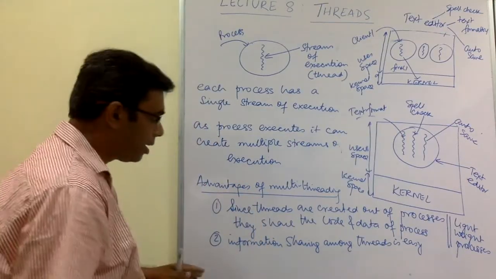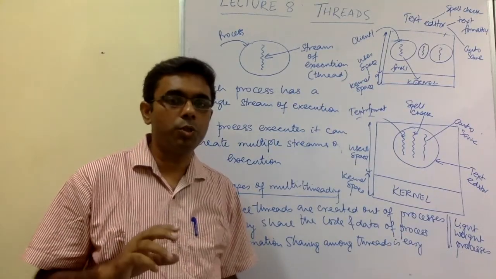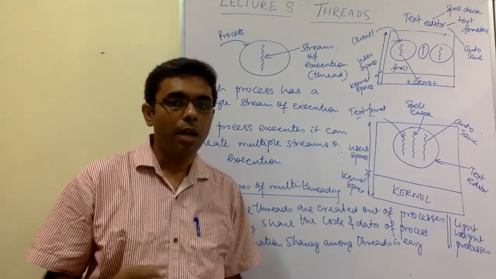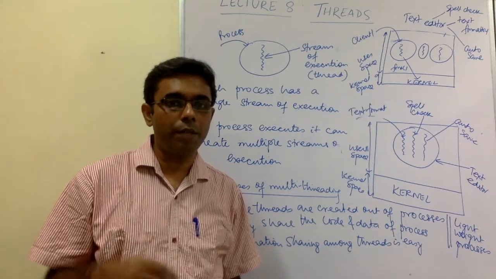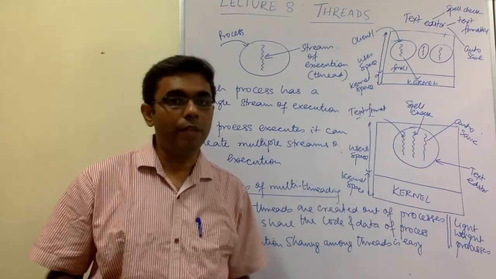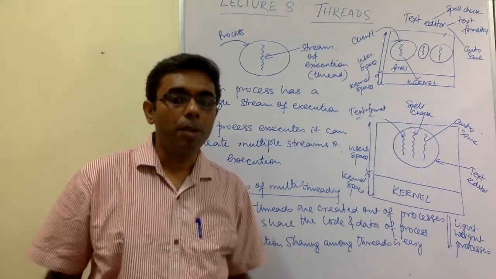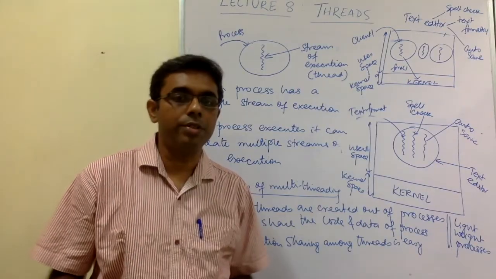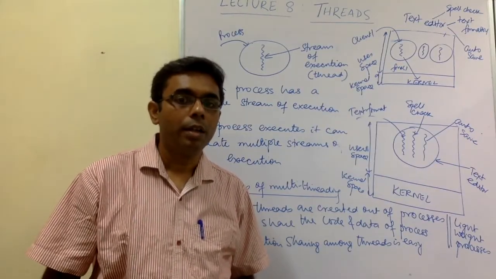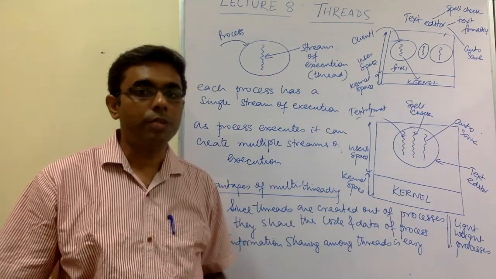So we understand that threads are nothing but the stream of executions which are created out of a process, and this stream of executions created from a process share the code and data of a process. They lie within the same memory image as allocated to that particular process. Because these streams of execution, or threads, share the code and data, the information sharing between these threads is very quick.